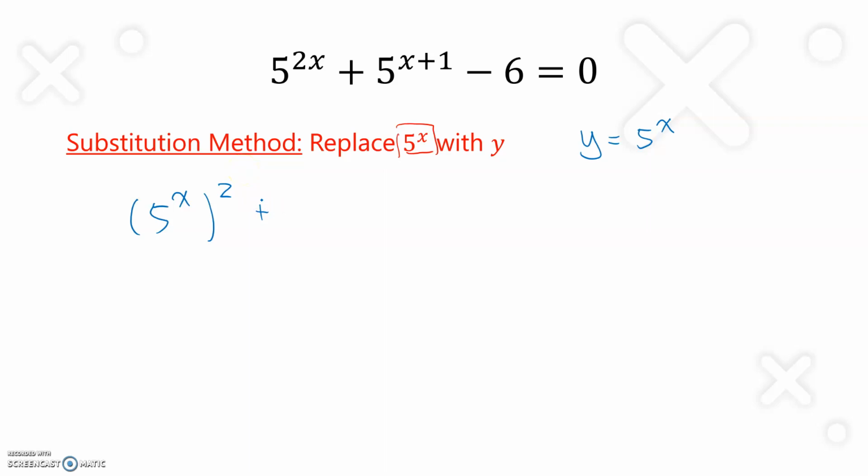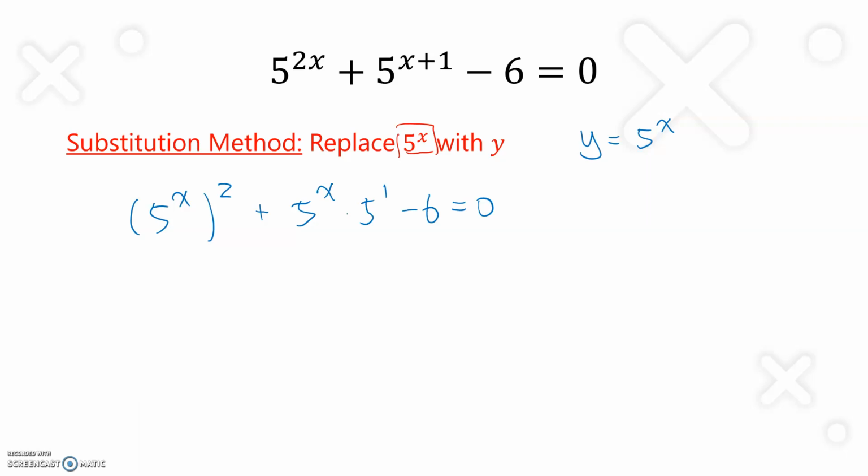Using the index law, 5 to the power of x plus 1 will be just 5 to the power of x times 5 to the power of 1. And of course, take away 6 will give us 0. This looks a little bit different from the original equation, but we're actually applying the index law to rearrange it.